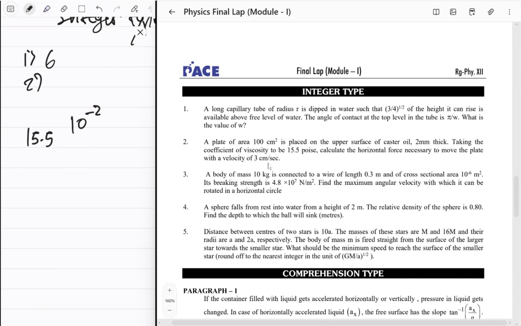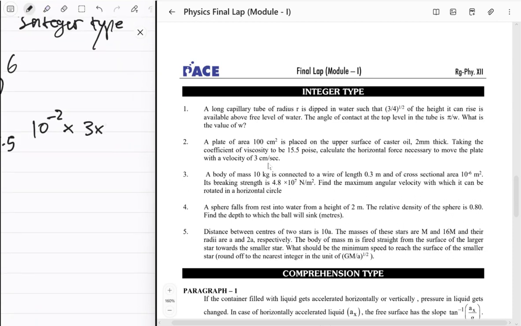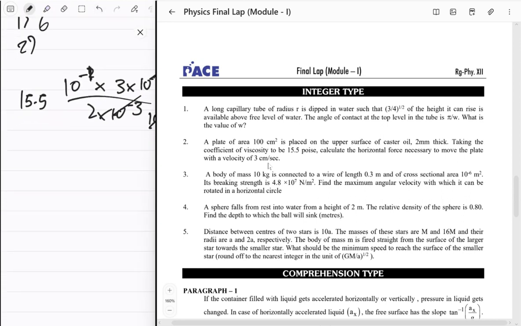Okay. And what else? What is its velocity? 3 times 10 power negative 2, upon the distance, which is 2 times 10 power negative 3. So 1.55 times 3.2 or something like that, I guess.